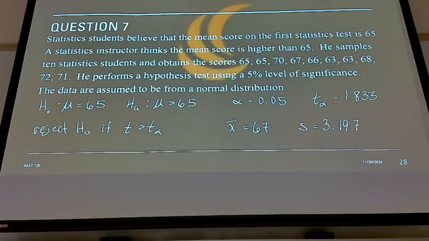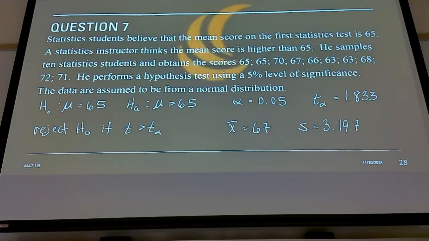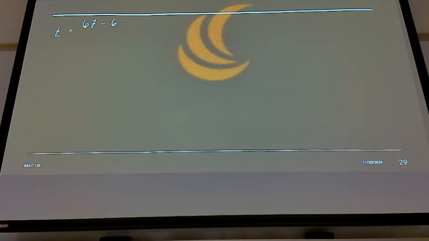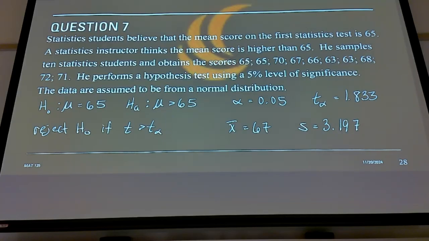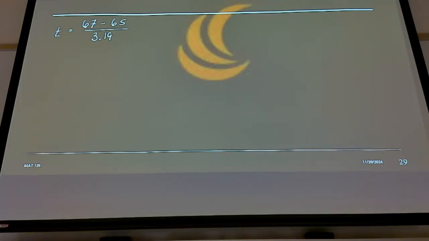We need to calculate our test statistic t. That's x bar minus mu, which is 65, over the sample standard deviation, 3.197, divided by the square root of the sample size, which is 10.